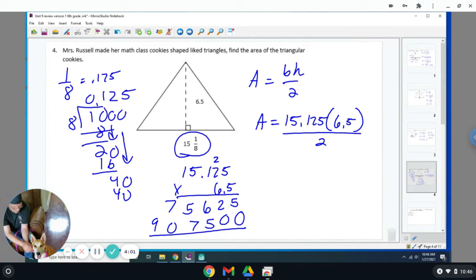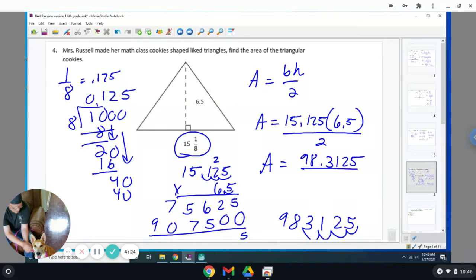Add them up. So 5, 2, 11, carry the 1, 13, 8, 9. And then there's 1, 2, 3, 4 decimal places. So you get 98.3125 divided by 2.